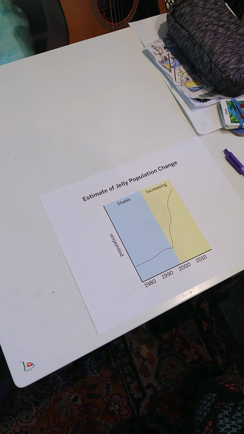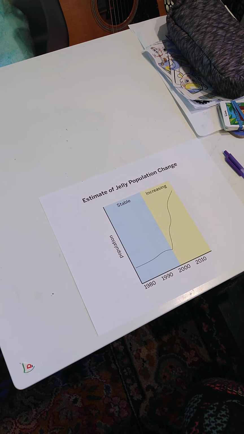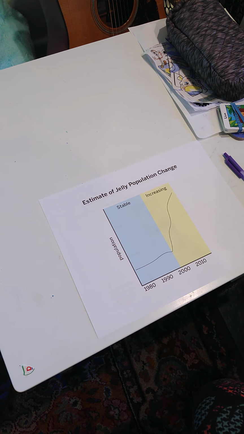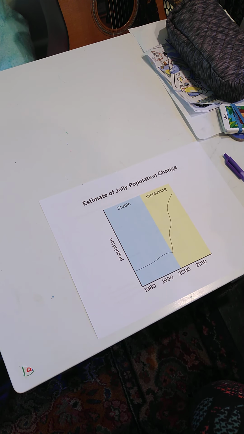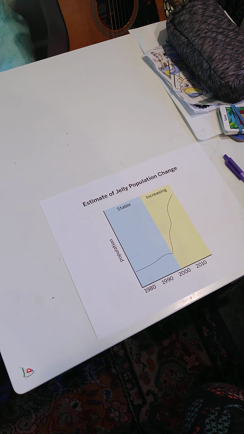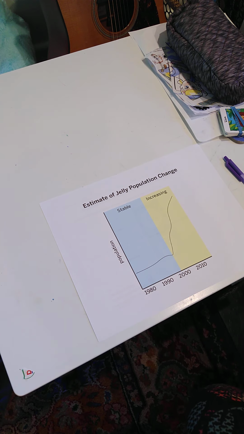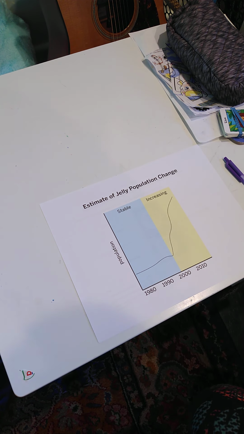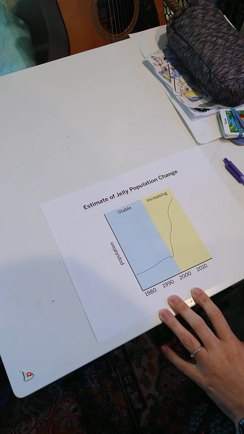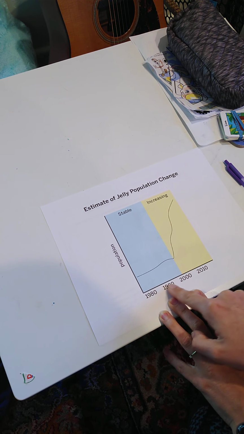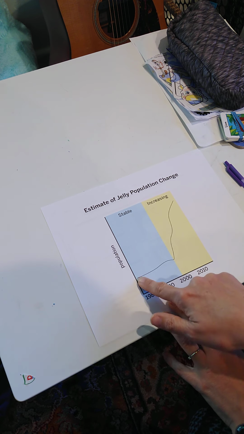So one of the things that we have been doing is you just evaluated evidence A and B about the moon jelly sample collection. And we're going to take a closer look at the graph from evidence B. We can see that from 1980 to 2000, it was pretty steady.